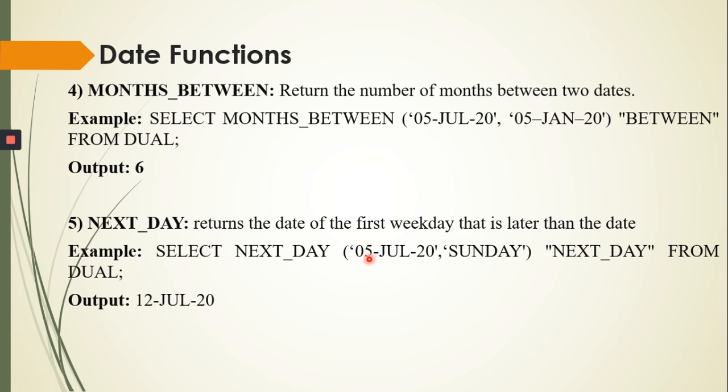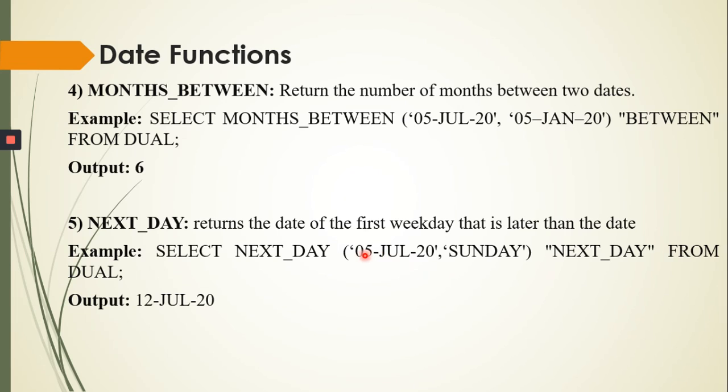Here I am writing one date, comma, here I am providing a day. So after 5th July I am writing Sunday, and the next Sunday will be on 12th July. So 12th July will be your output. That is the functionality of next day.